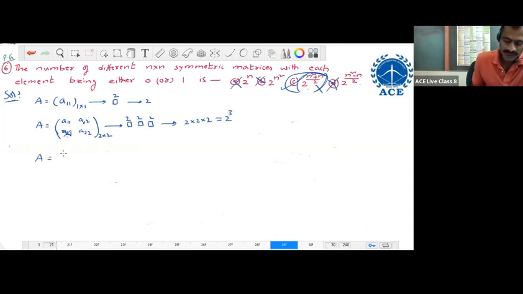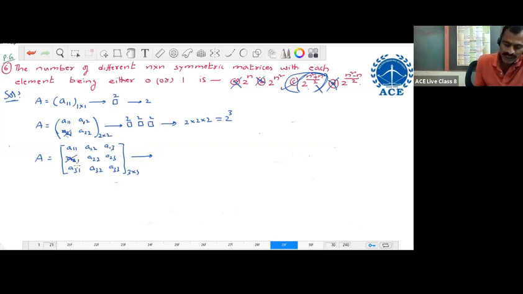Next, for a 3 by 3 matrix: A11, A12, A13, A21, A22, A23, A31, A32, A33. According to the definition of a symmetric matrix, A12 is the same as A21, so delete this.